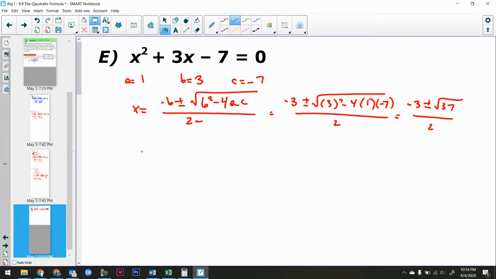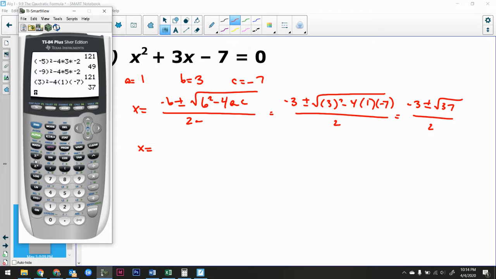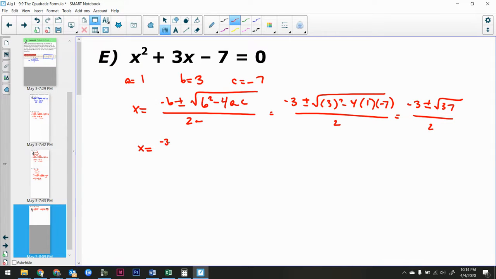Okay, so for our purposes here, now, later on, you might be told to do something different with the square root. For our purposes, all I'm going to ask you to do is put it into decimal form. So if I figure out the decimal form of the square root of 37, I get 6.08. We'll round it to the nearest hundredth. So negative 3 plus or minus 6.08, all divided by 2.